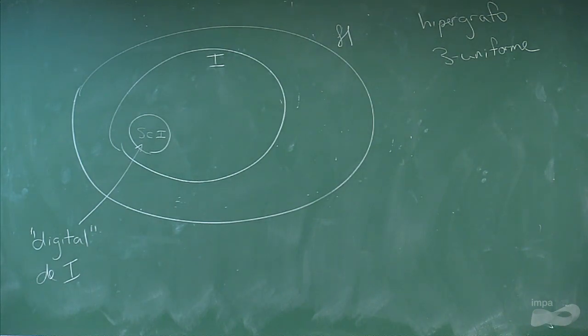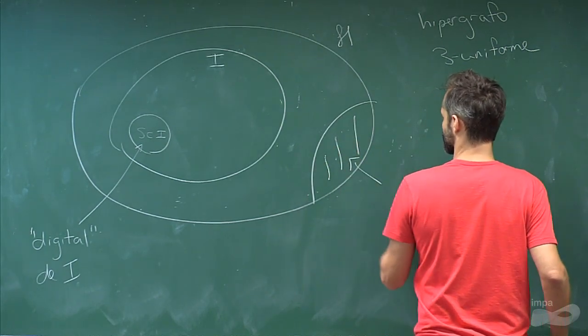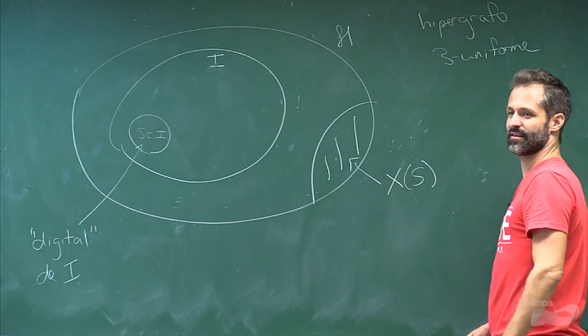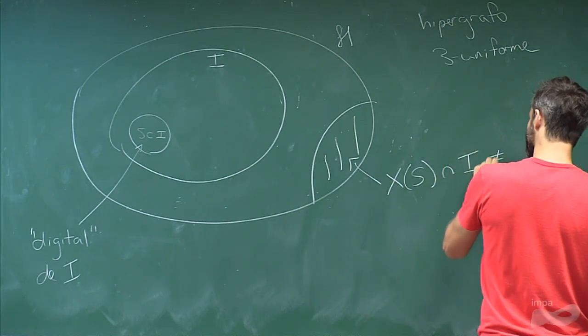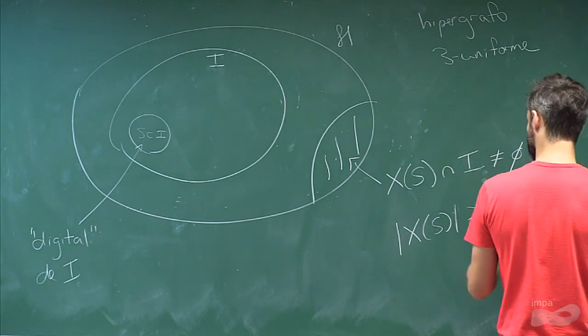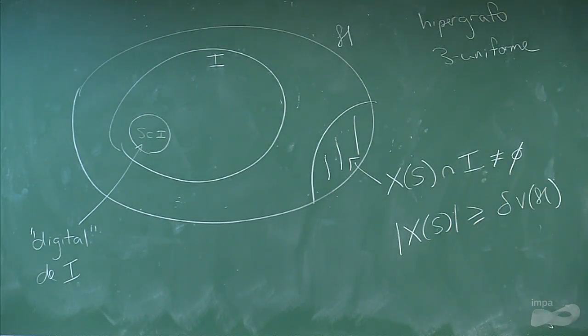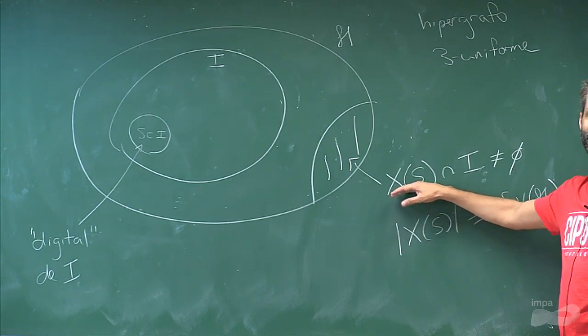Okay. So this fingerprint is going to encode the important information about I. In particular, what it's going to tell us is that there's some set over here, X of S, which is disjoint from I. And X is going to be large: delta times the number of vertices of H. So we're going to find this very small fingerprint such that there's a set X depending on S, not depending on I, right?